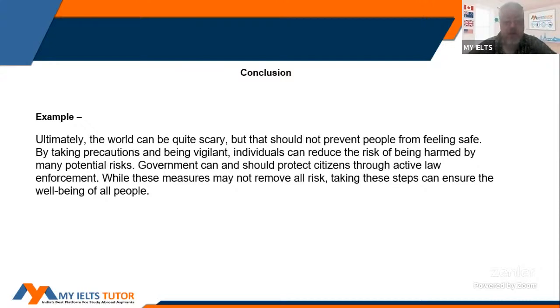It's making a general statement about safety in terms of, you know, it can be dangerous, but that should not prevent people from feeling safe. It's basically a general statement regarding the topic. And then the next sentence is a restatement of the thesis.